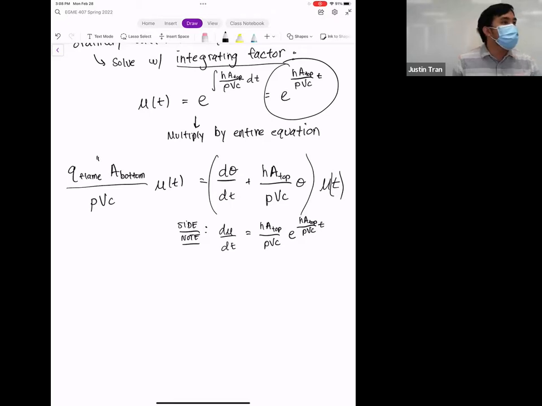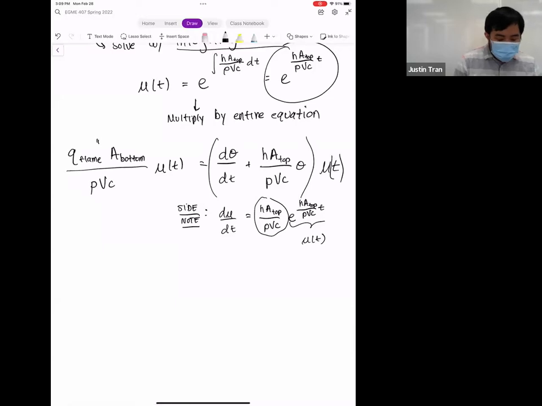You take the derivative of e to the t, you get e to the t. But since we have some stuff in front of the t, that comes out through the chain rule. So what's unique about this is that when you take the derivative d mu dt, you get a term that has mu of t as well. Okay, so we have d mu dt is equal to h a top divided by rho VC times mu of T.